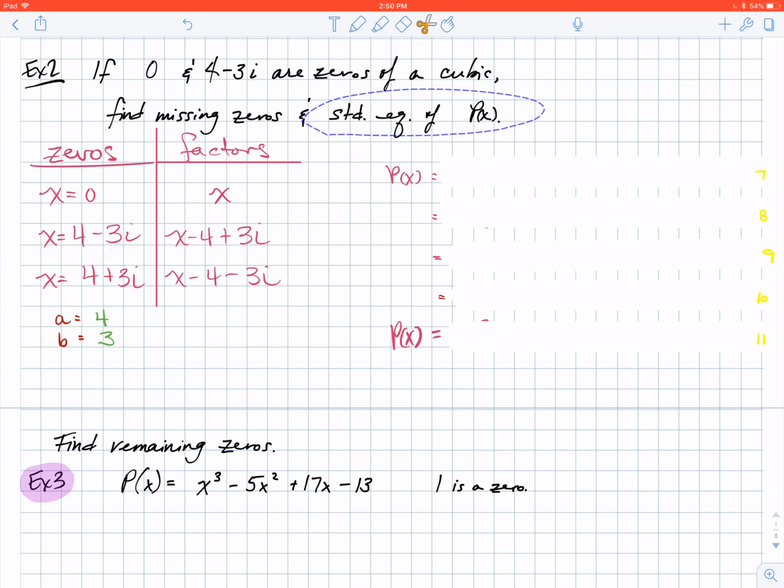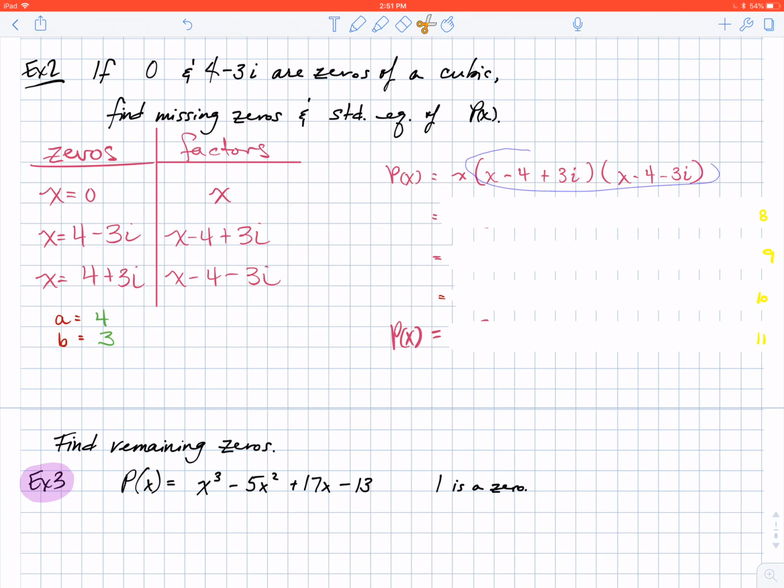These right here are the numbers that I'm going to multiply together to get my standard equation. So you notice I was asked for a standard equation. So I'm going to take my 3 factors and I'm simply going to multiply them together. Standard says you actually have to do all of the multiplying. So the first thing that I'm going to do here is leave that first x alone. I'm just going to leave it standing there.